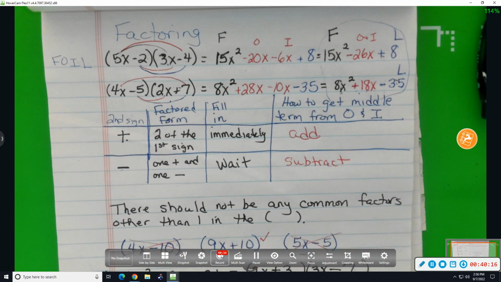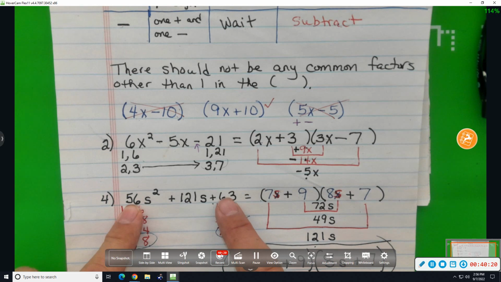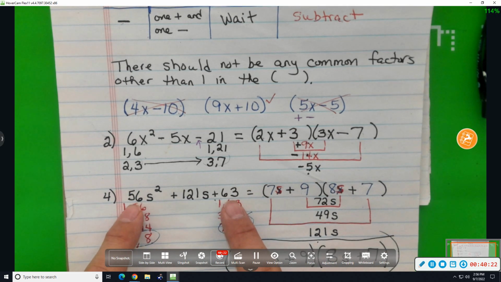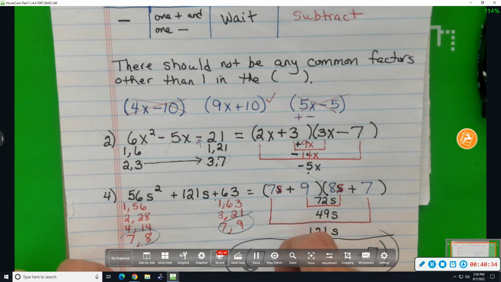By the time you do that method here, the first thing you would do is multiply 56 times 63. I assure you it's not going to turn out easier than just a trial and error process the way I'm doing it.